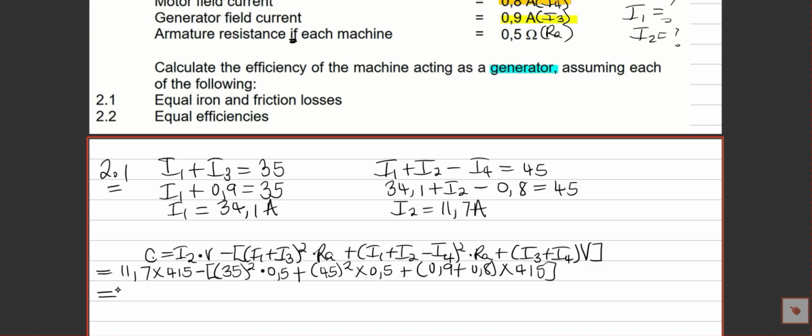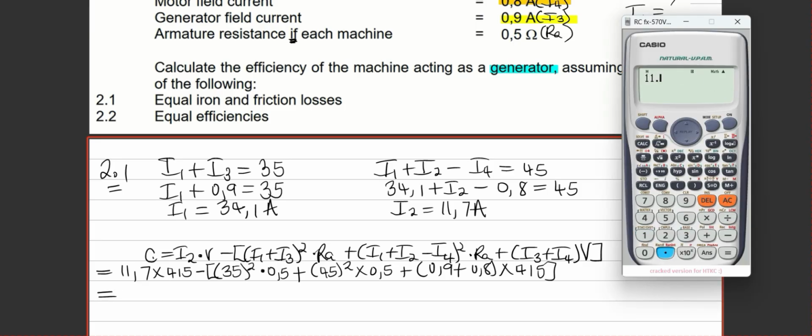So for substitution wise, we have 11,7 times 415 minus open bracket, we have 35 close squared times 0,5 plus 45 squared close times 0,5 plus 0,9 plus 0,8 times 415 close bracket.